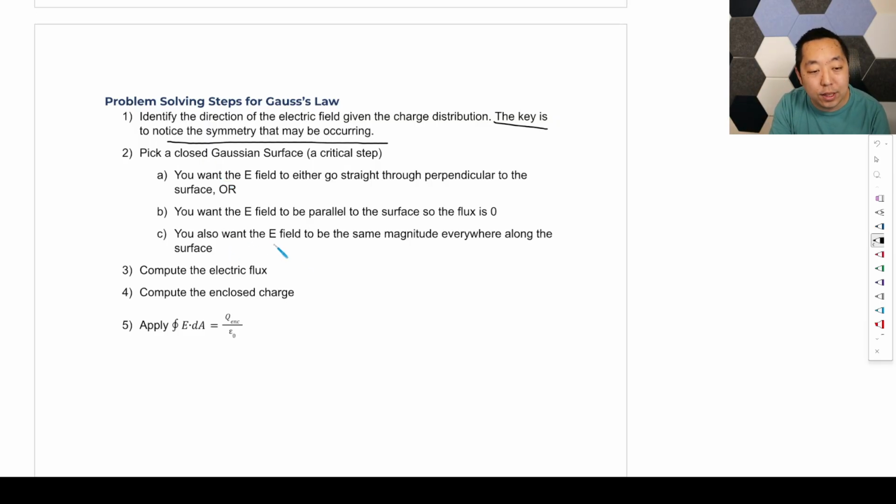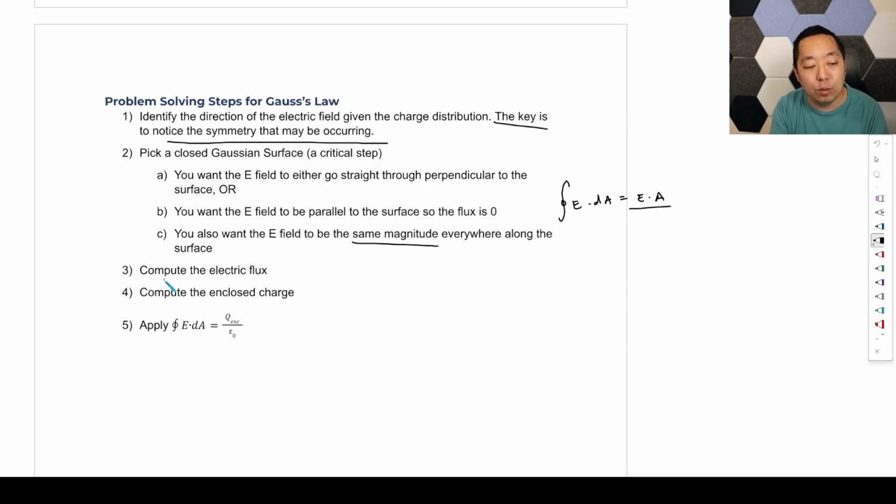You also want the E field to be the same magnitude everywhere along the surface. That's going to be super important too, that not only is it perpendicular everywhere, but we want it to pierce the surface, and we want the magnitude to be simple so that the flux integral will just become the electric field times the area. That's our goal. That's the choice of the Gaussian surface when you're doing that.